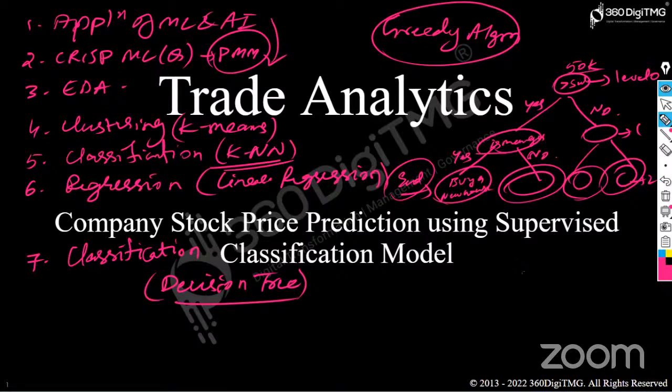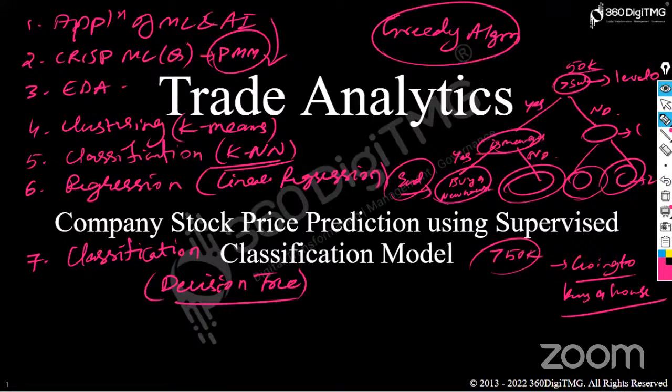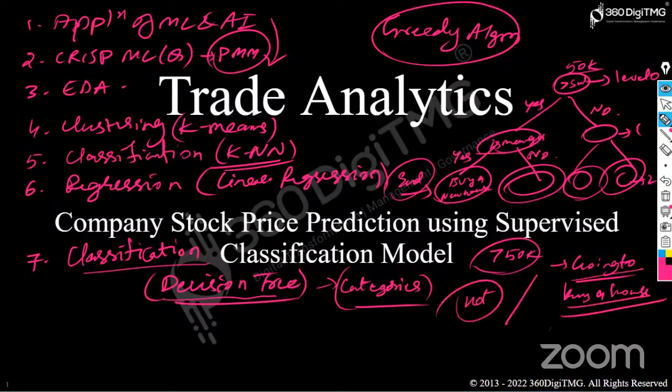So my prediction is, if the salary is greater than 50,000, they are going to buy a house. This technique, decision tree, is under classification problems, because we have categories: either they are going to buy a house or not buy a house.